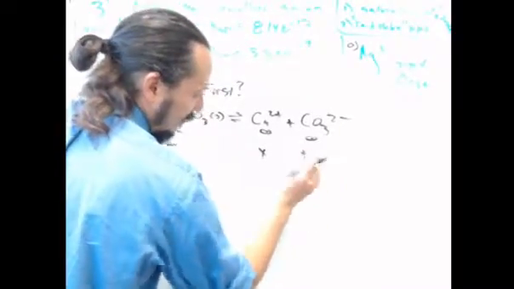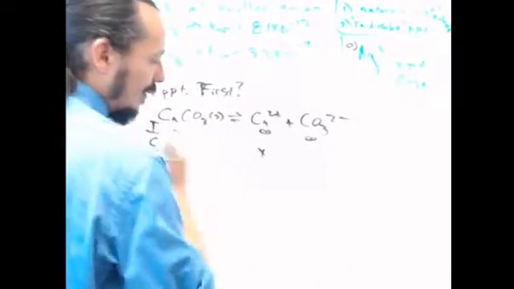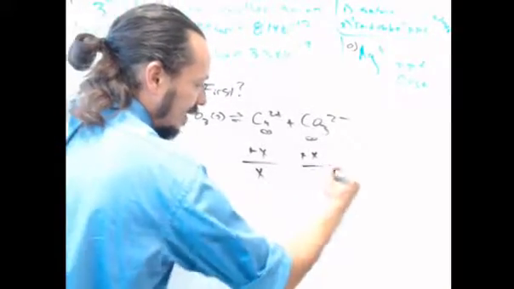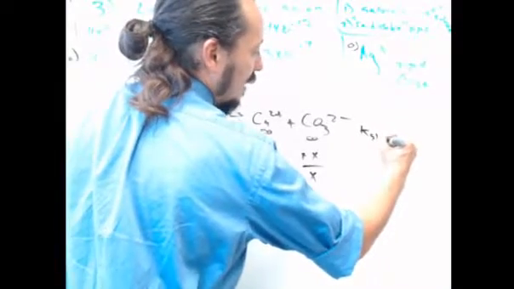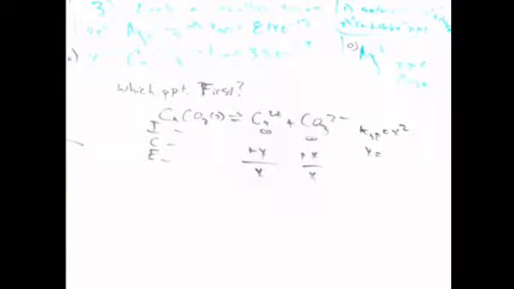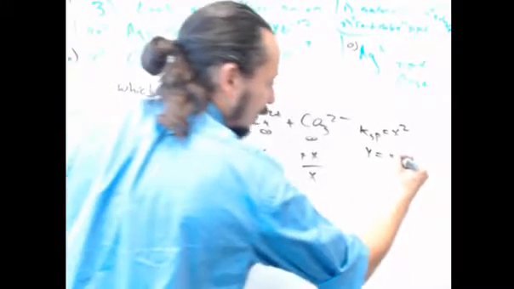Well, that's an X. I'm just going too fast. Plus X. You notice I'm essentially just skipping the ICE table, right? I'm going to get KSP equals X squared. This is going to give me an X value of 5.74 times 10 to the negative 5.